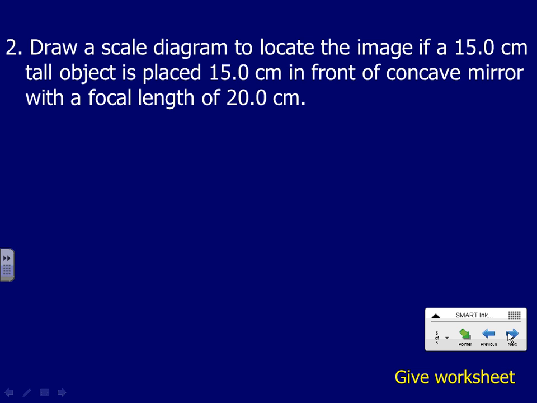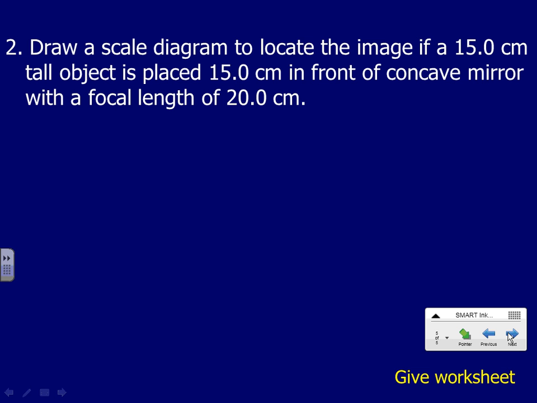So notice here, draw a scale diagram to locate an image if a 15 centimeter tall object is placed 15 centimeters in front of a concave mirror with a focal length of 20 centimeters.